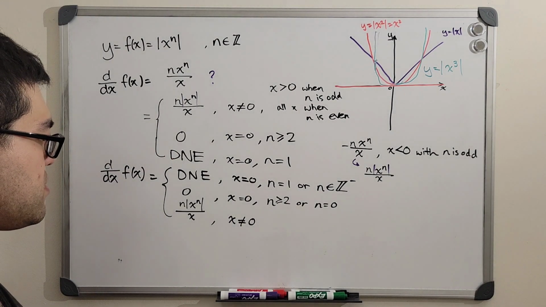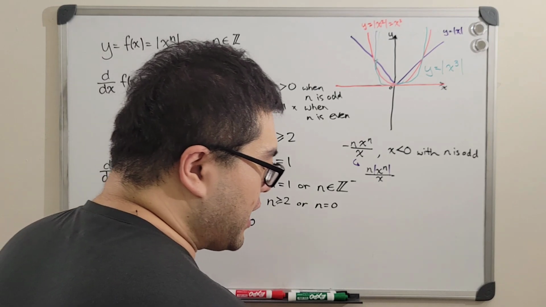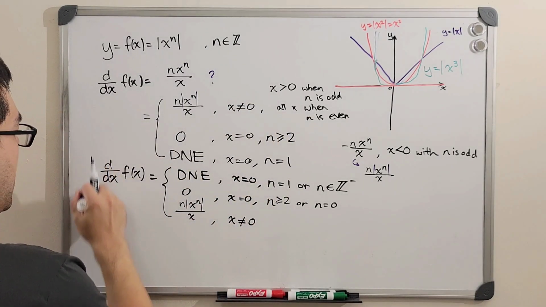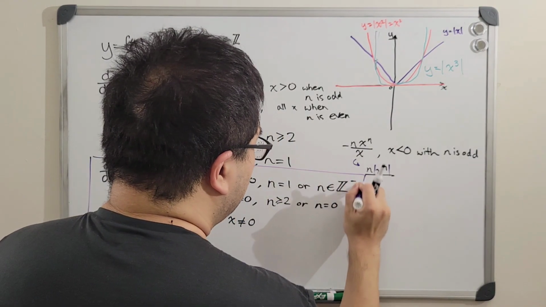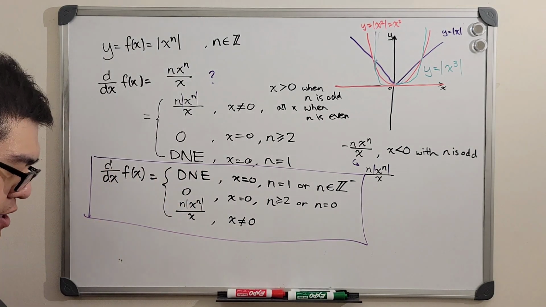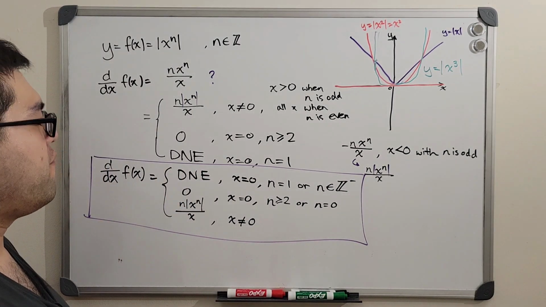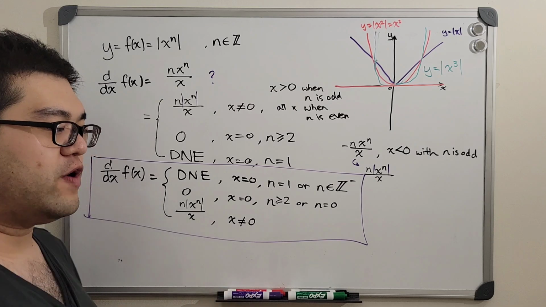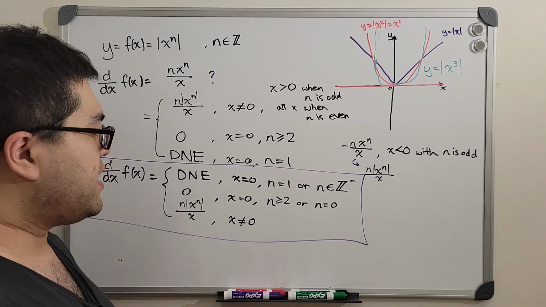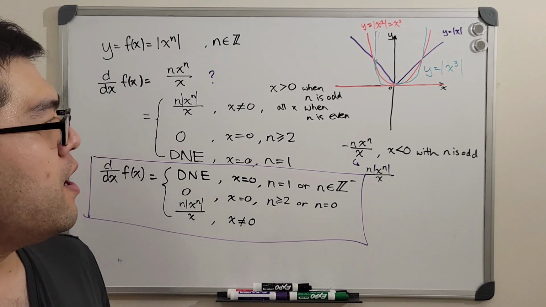Good. And that is how we get our general expression of the modulus power function. That's it. Pretty cool, huh?